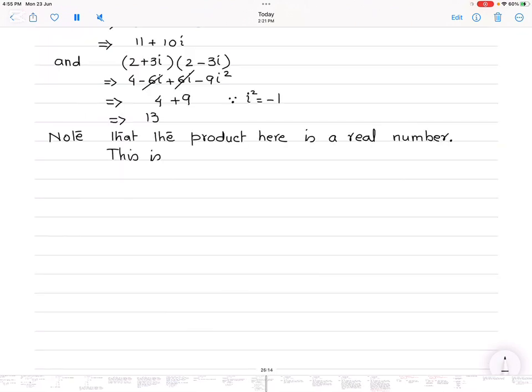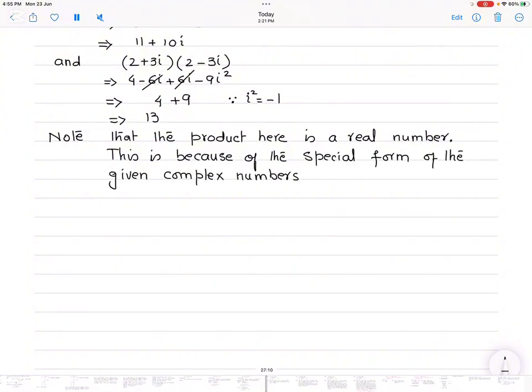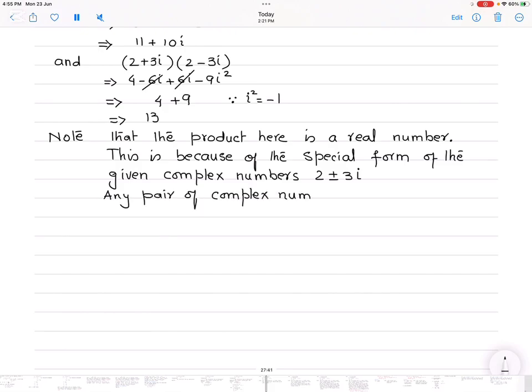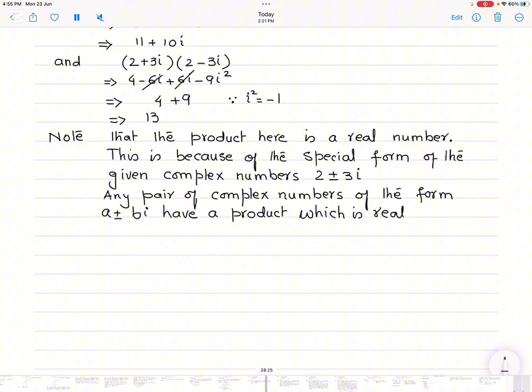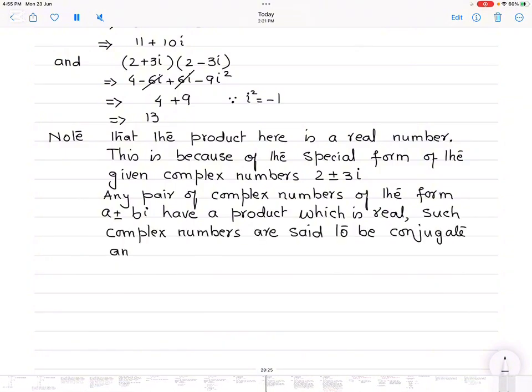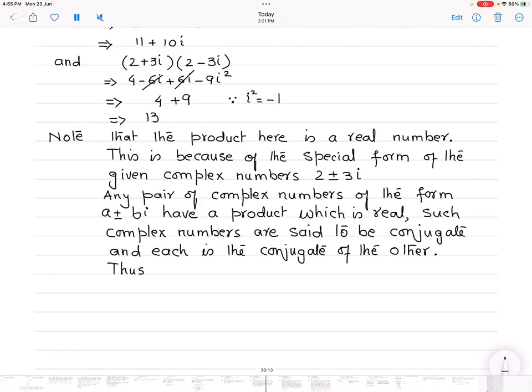Note that the product here is a real number. This is because of the special form of the given complex numbers, 2 plus and minus 3i. Any pair of complex numbers of the form a plus bi and a minus bi have a product which is real. Such complex numbers are said to be conjugate, and each is the conjugate of the other.